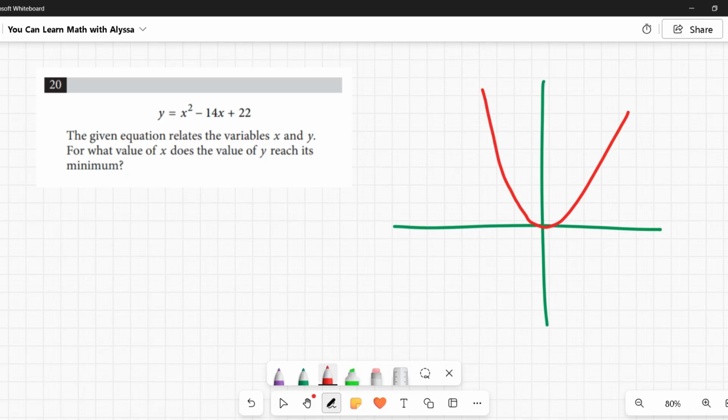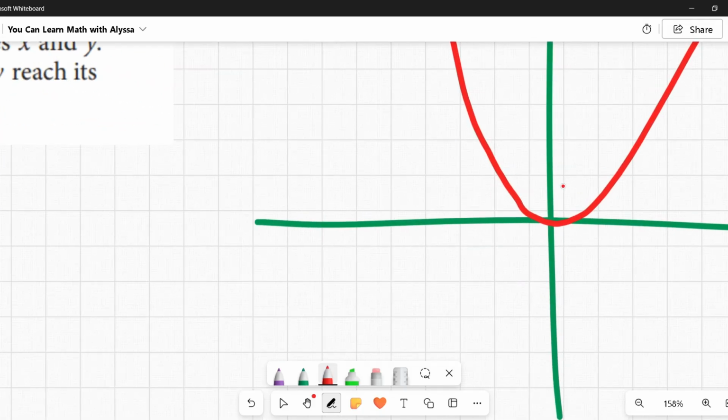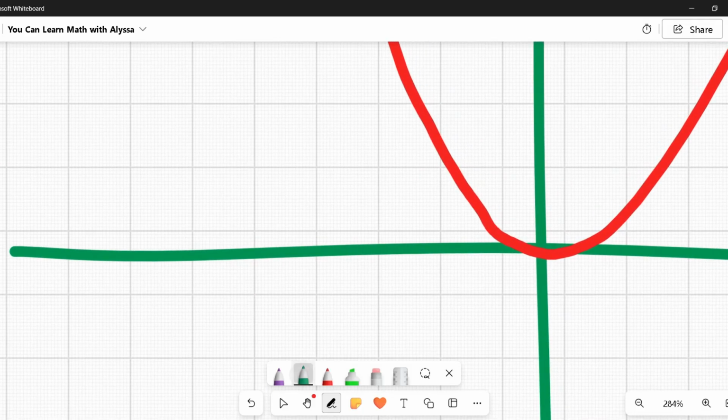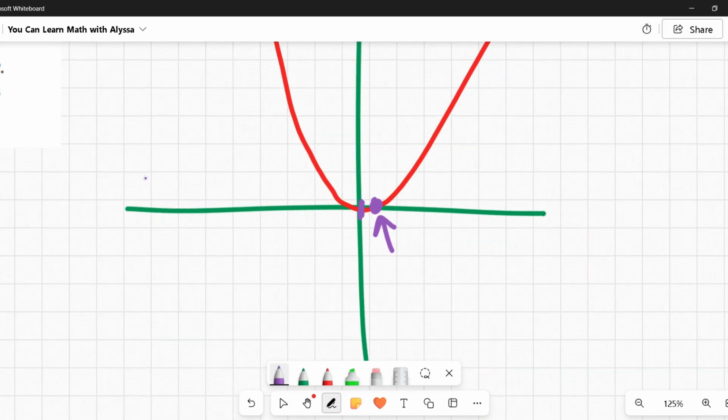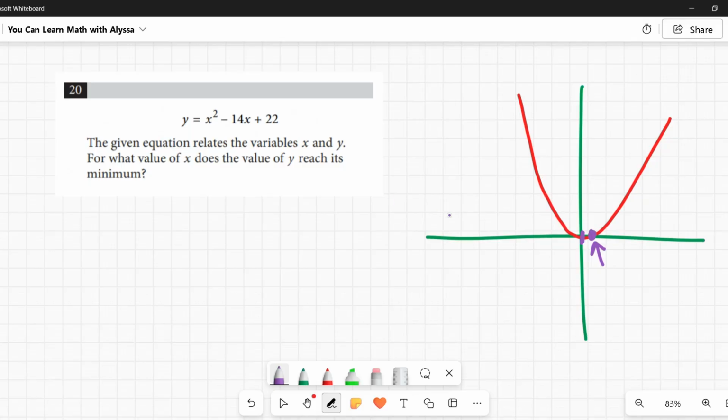If you zoom way in, the minimum is right there, but then there's a 0 right there. Sometimes students highlight the wrong one. I've seen them do that to be sneaky, so just be careful when you're using the graph.